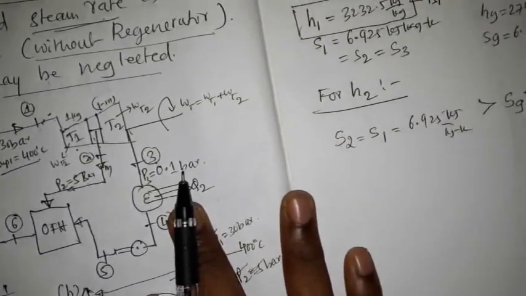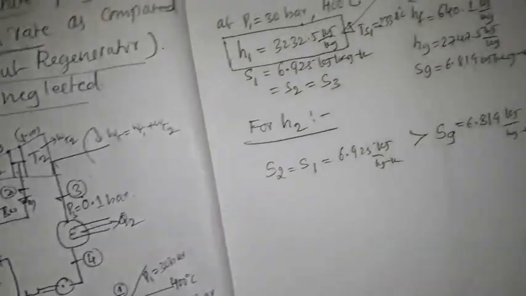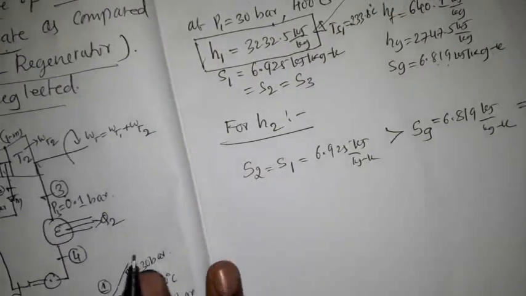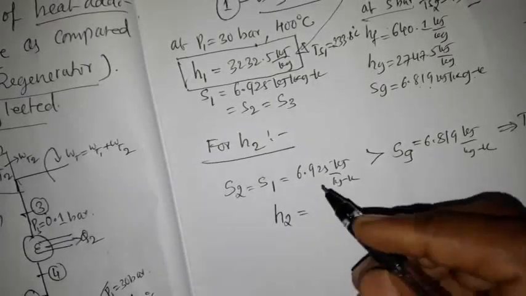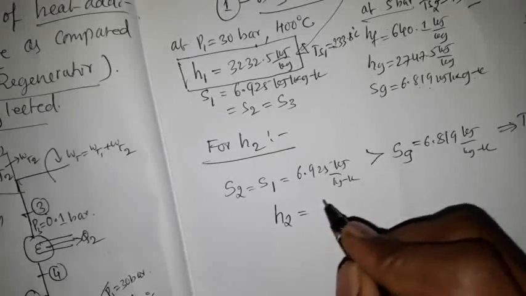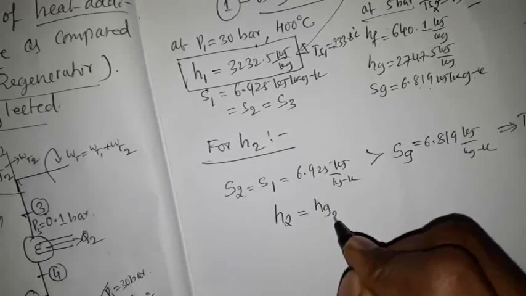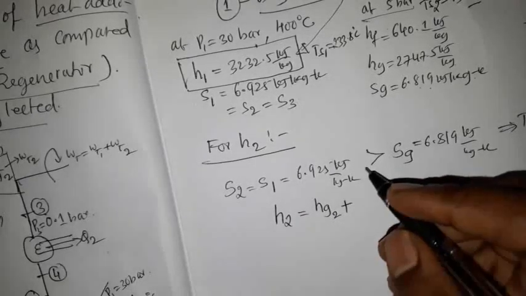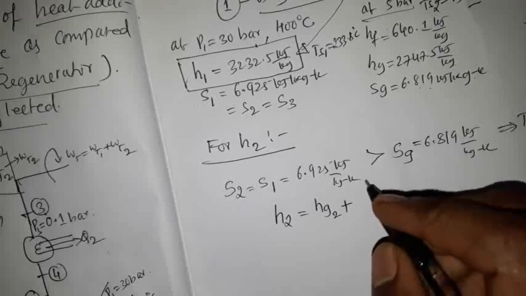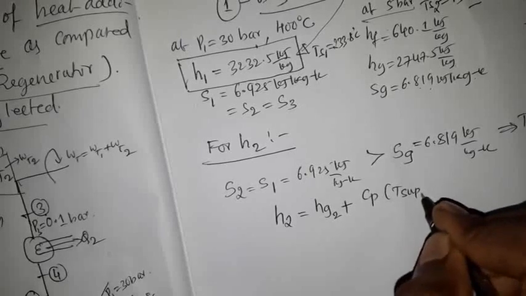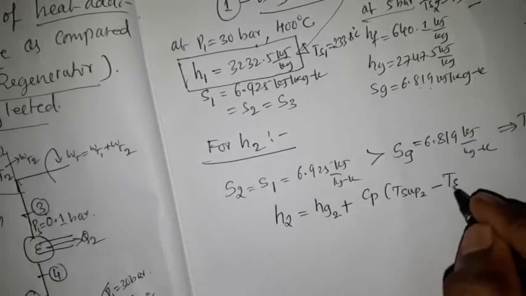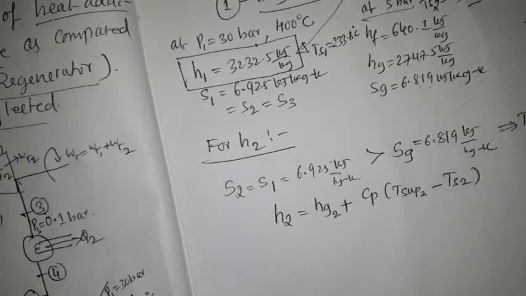Since I want H2, the enthalpy at state 2, it can be written as Hg at state 2 plus the superheat enthalpy, that is Cp into (T superheat at 2 minus T saturation at P2 pressure).